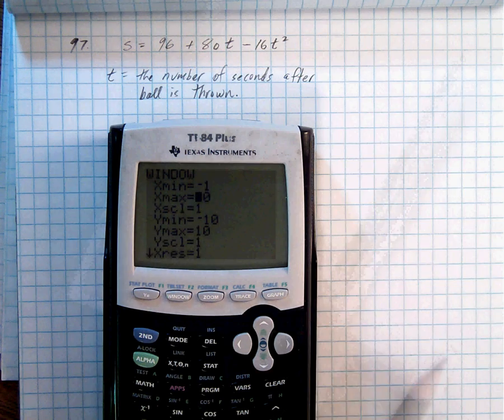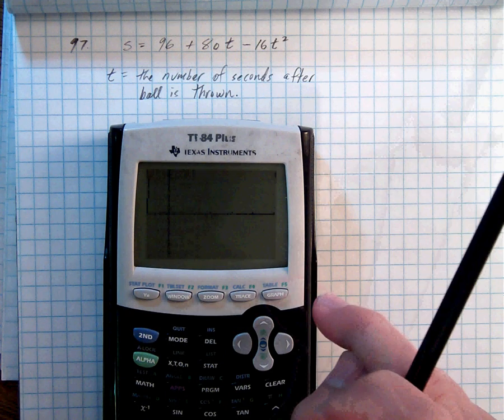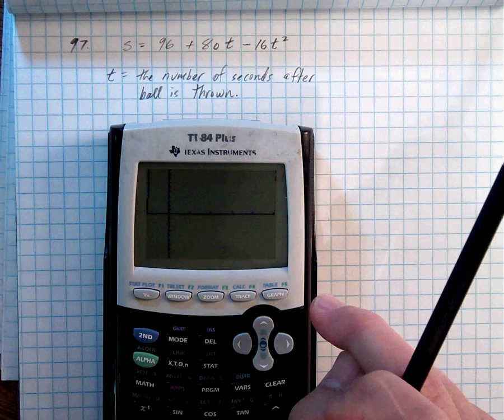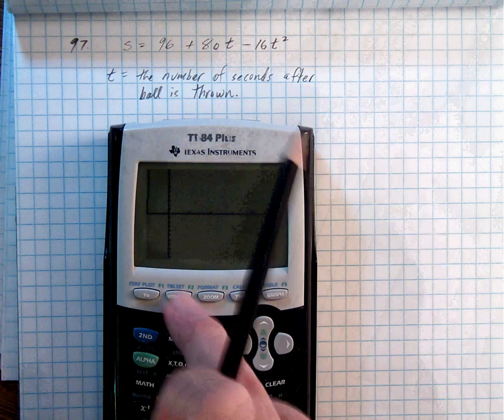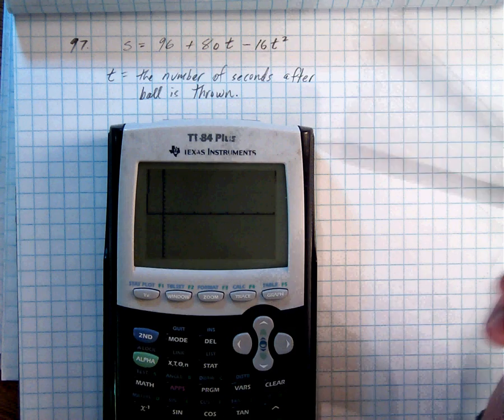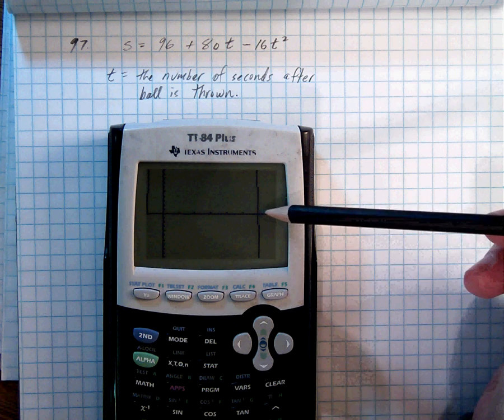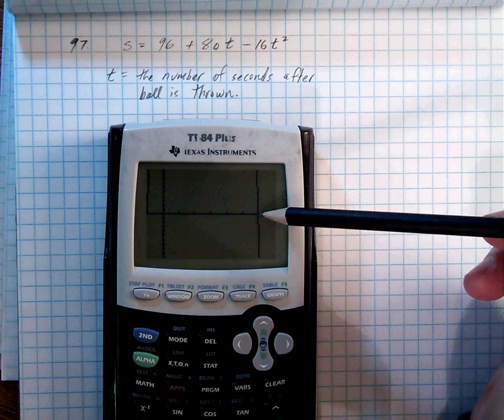So I'll put in 5 and take a look. Maybe 5 isn't great enough, so let's put in 7. Alright, yeah, it looks like 6 is when it comes back down and hits the ground, right?